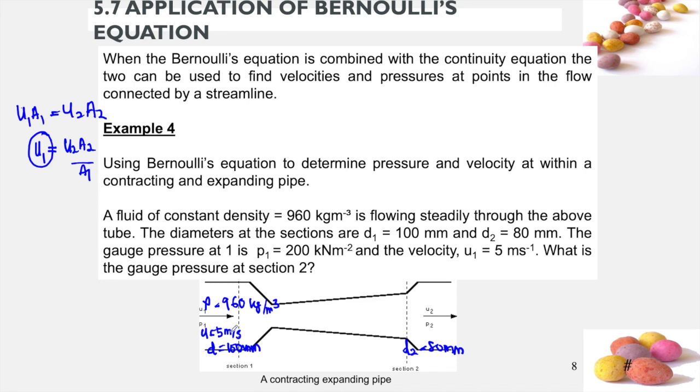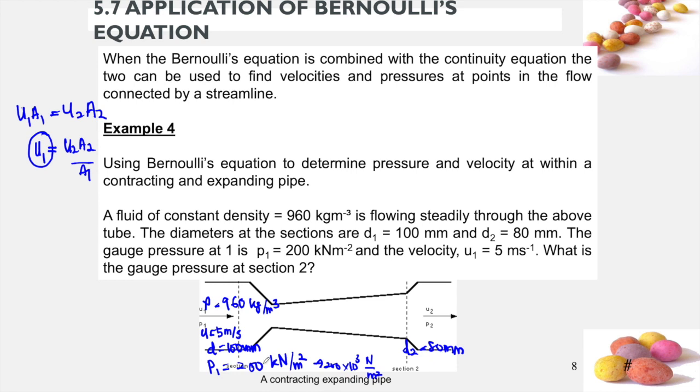Now velocity is 5. Pressure at 1 is 200 kilonewton per meter square, so you have to convert this. To substitute this value into the Bernoulli's equation, you must remove kilo and turn it into 200 times 10 to the power of 3 Newton per meter square.